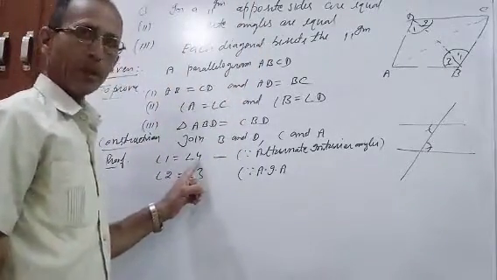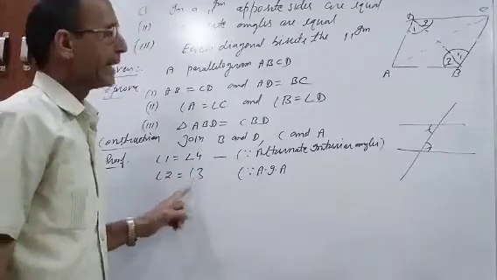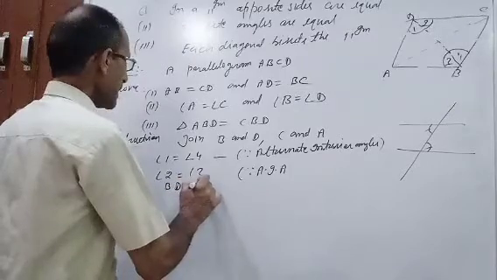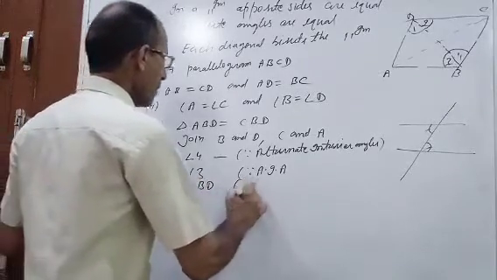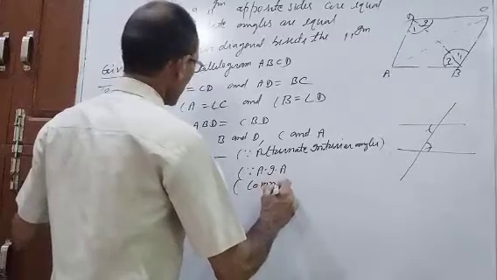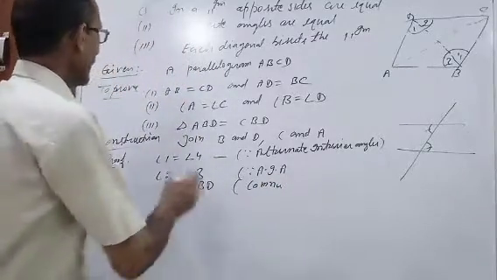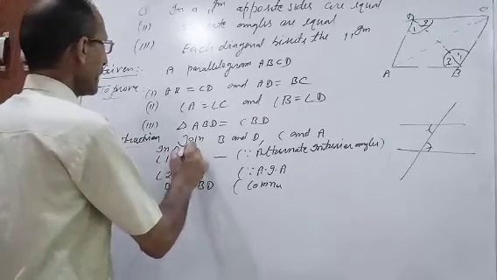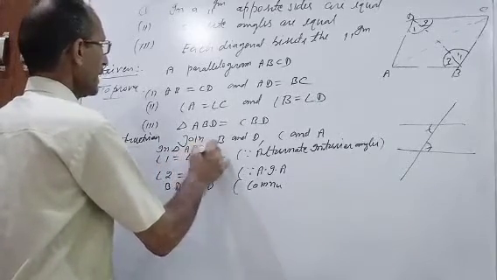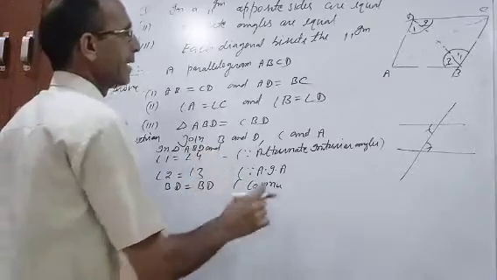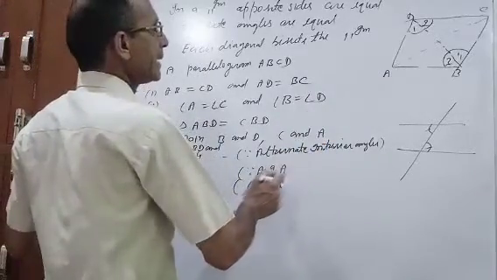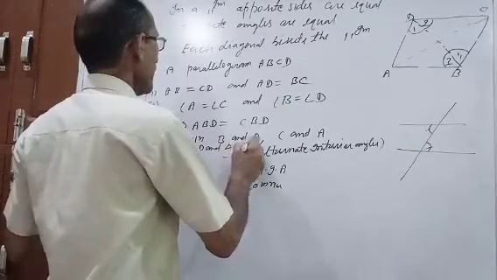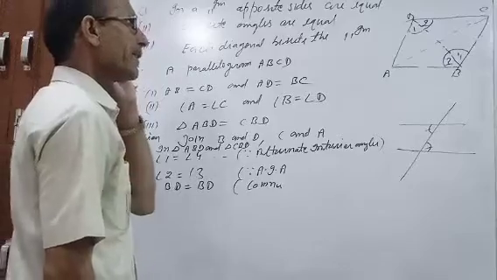Angle 1 is equal to angle 4, angle 2 is equal to angle 3, and BD is equal to BD, common. Here is one point I forgot to write. In triangle ABD and triangle CBD.